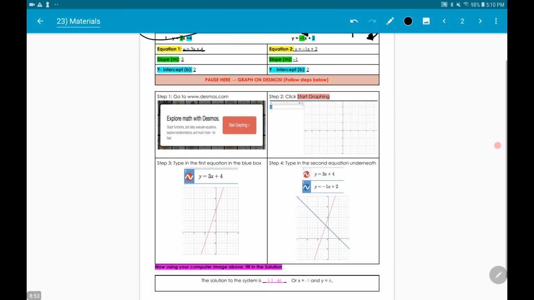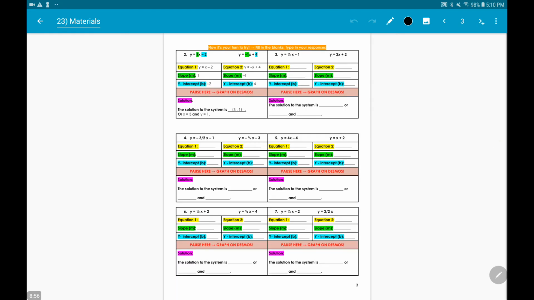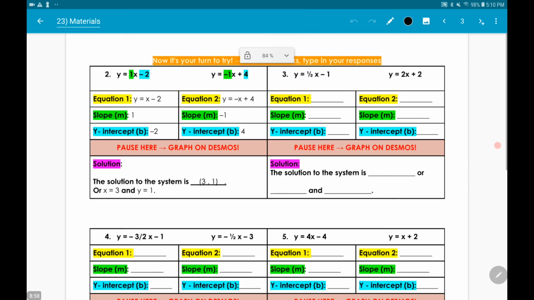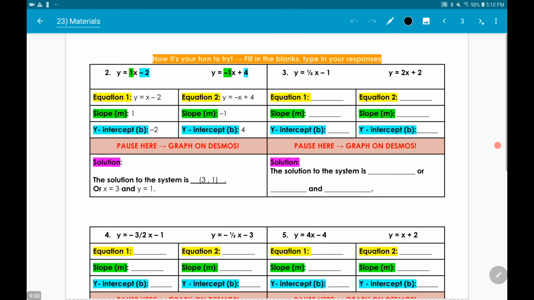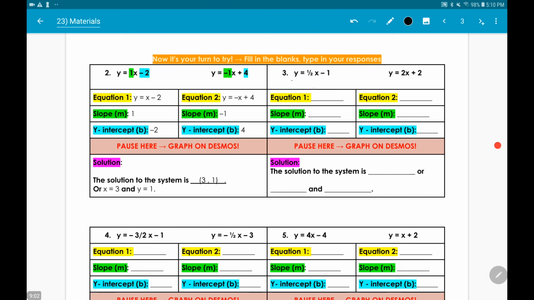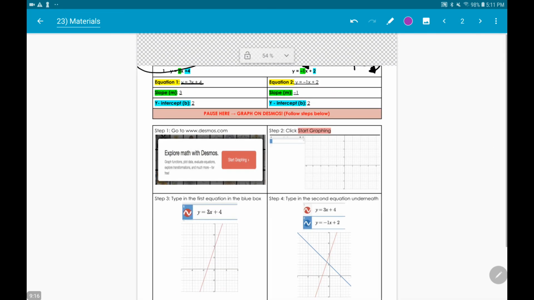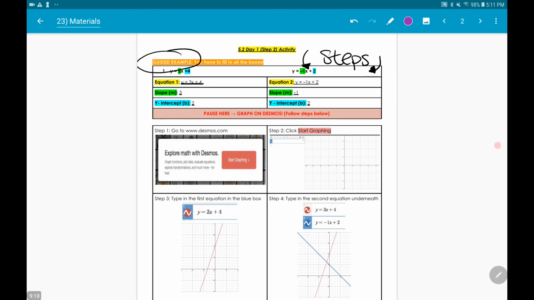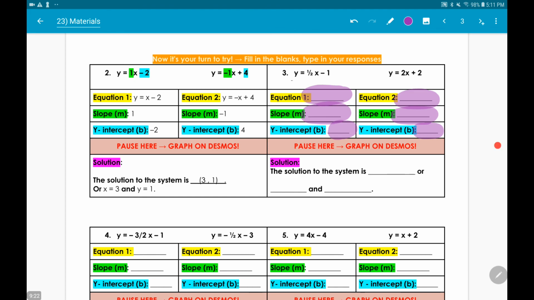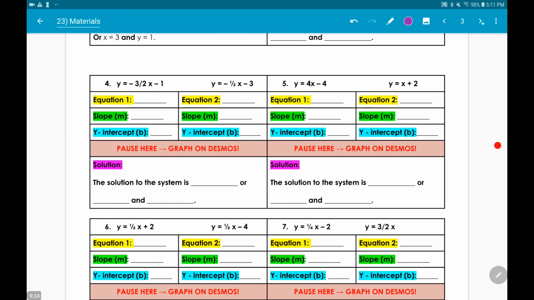So if you look on page 3, you'll see that the first one is done for you. The second one is not done. You are going to be typing in your answers in these blank spaces here. All right, so again, what are you doing? You're following this step. Here's your guided example. And you are going to be typing in your answers on page 3 of this packet.